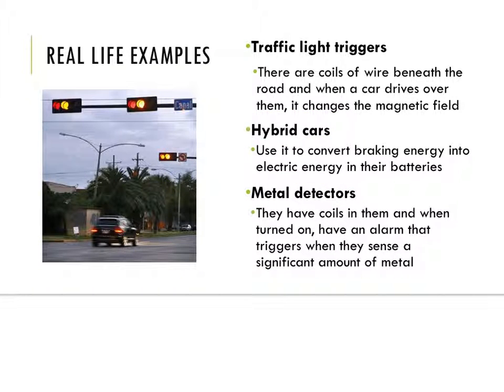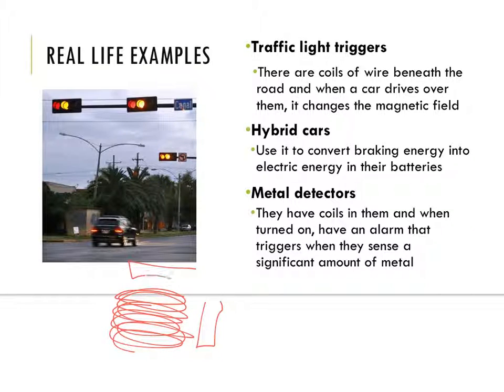The last thing that may be very, very important is that the electricity that we get in our house is made from gigantic generators. Now, generators are basically these huge coils of wire, and you're going to have magnets around the outside of them. And when we boil water from burning coal or natural gas or however, that steam is going to turn a turbine, and that turbine is going to spin our magnets or our coil.